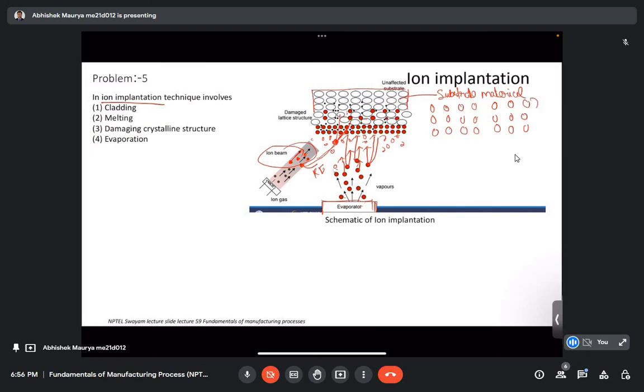in the crystalline form, it has a regular atomic arrangement. So basically the atoms are arranged in order. When these high velocity particles and ions come, they hit it, and the atoms shift from their position, they will go somewhere here. Similarly, when this atom comes and collides here, it will shift to here.